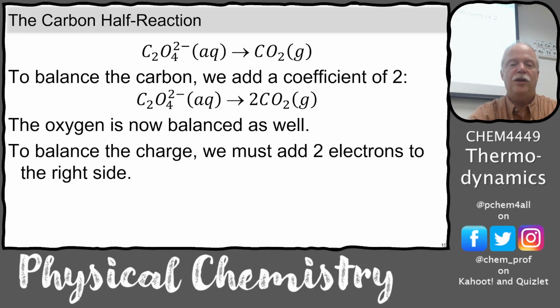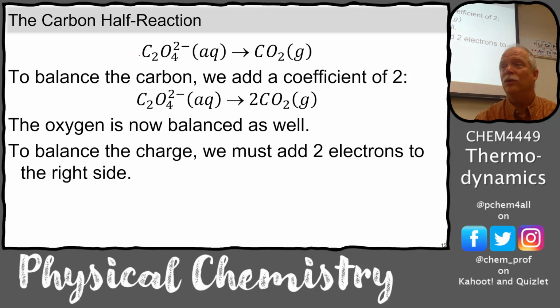And then we balance the charge. We don't have any hydrogens, so we didn't need to add any acid protons. To balance the charge, we need to add 2 electrons on the right side. It's that they have to be equal, not that they have to equal 0, because if they had to equal 0, we'd be stuck. We cannot get a -2 any closer to 0 if all we can give is negative things. So we've got to make the left side equal the right side.